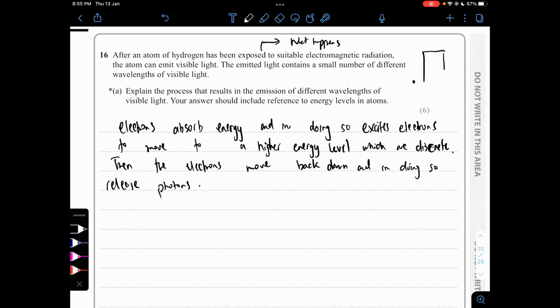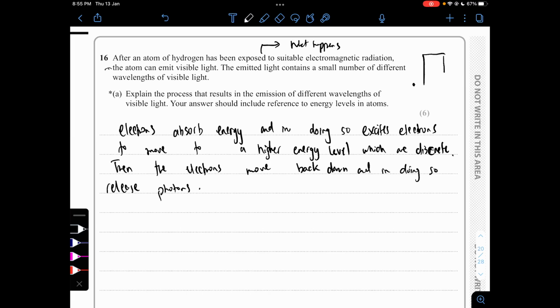Now what about this part? What about emitting visible light? Where did this come into all this? So for the hydrogen atoms, there are only a few energy levels, because, how many electrons does hydrogen have? There are not a lot of energy level differences that can be had.